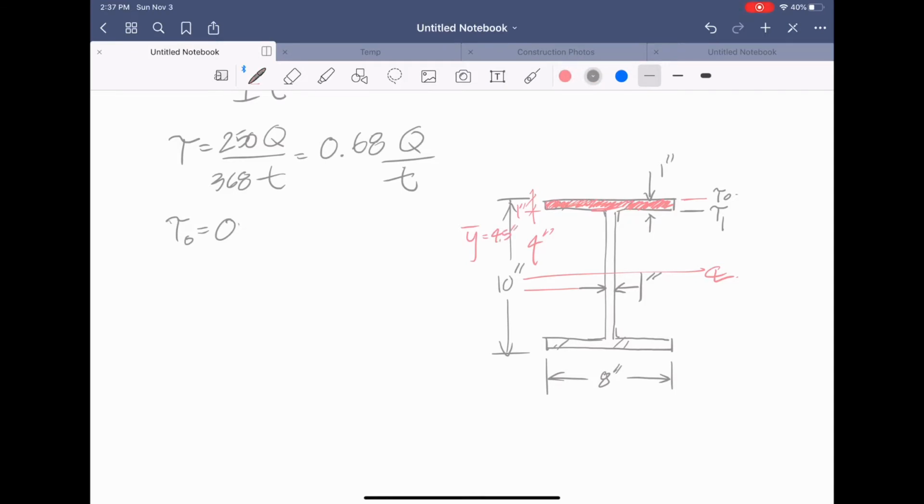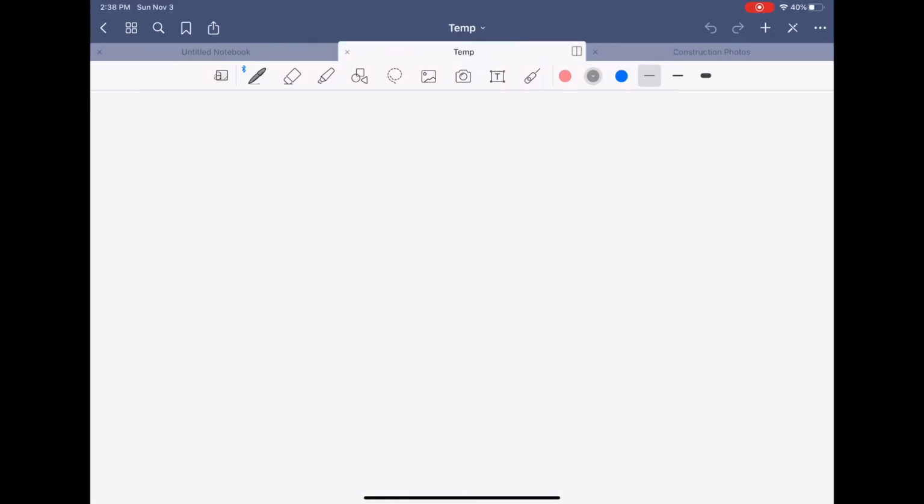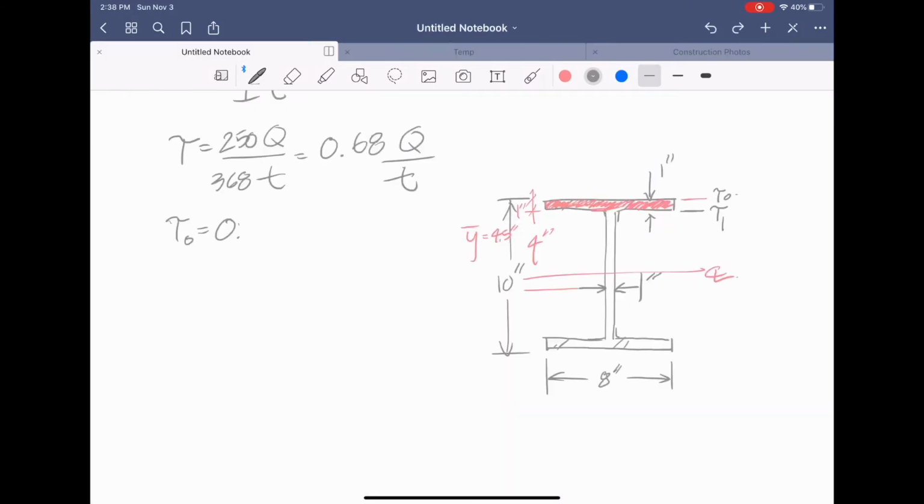So we've got 0.68. Okay, sorry, wrong problem. Tau 1 is then equal to 0.68 times Q, which is the area times its distance.